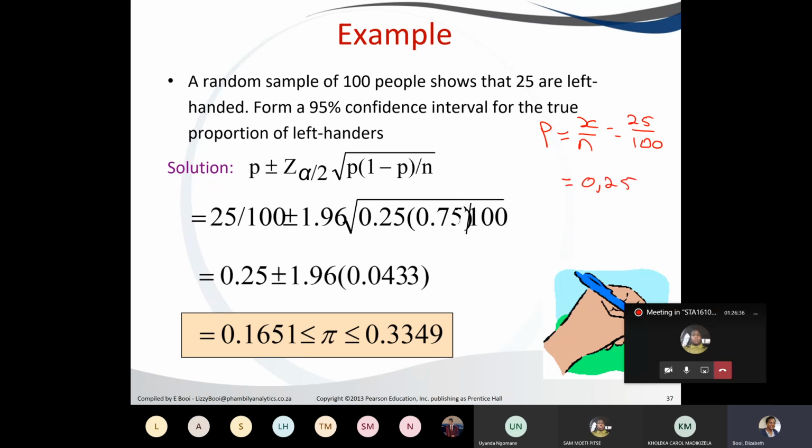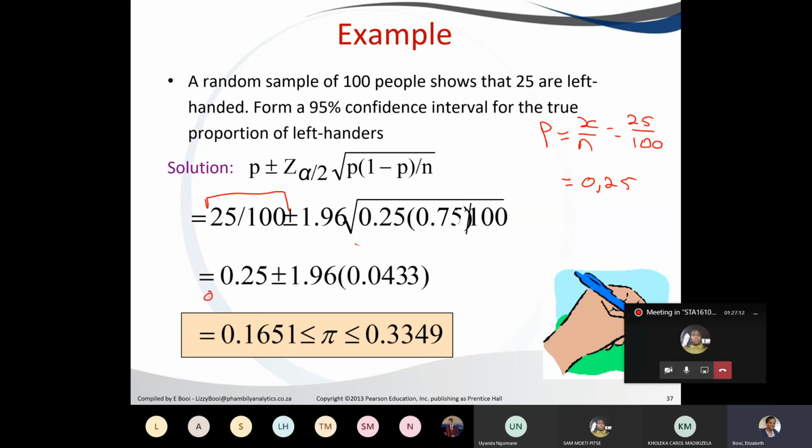So our P is 0.25 plus or minus, at 95%, the square root of the standard error, which is 0.25 times 1 minus 0.25, which gives us 0.75, divided by n, which is 100. If we solve everything in the square root, we get 0.0433 multiplied by 1.96.